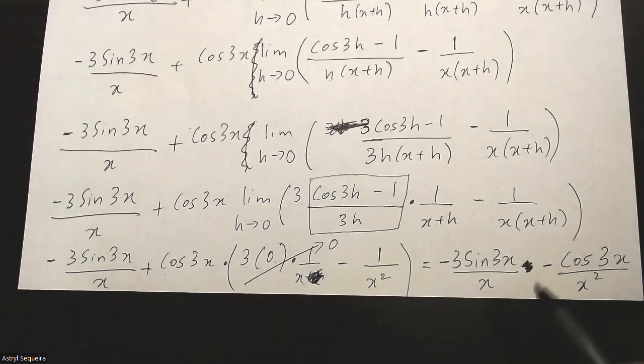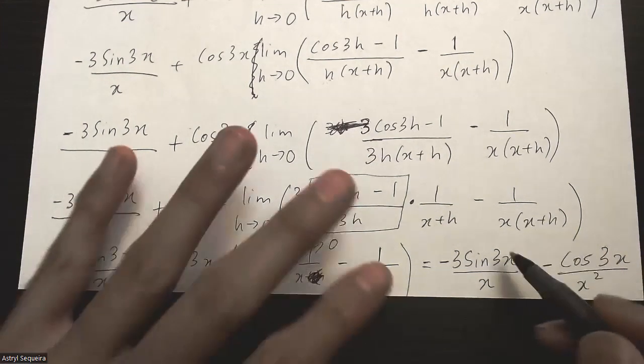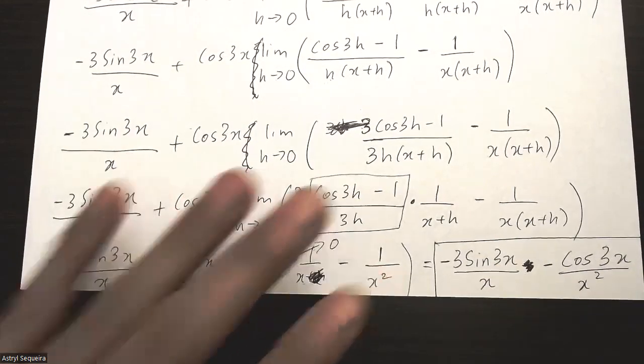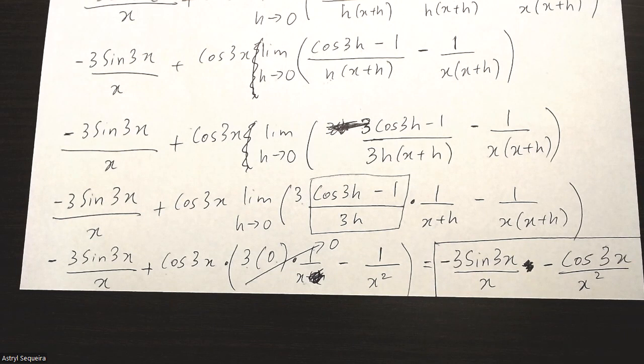And this is my final solution to the derivation of this problem using first principles, this little bit in the corner here. And if you do regular derivation using your quotient rule, you should get the exact same answer.